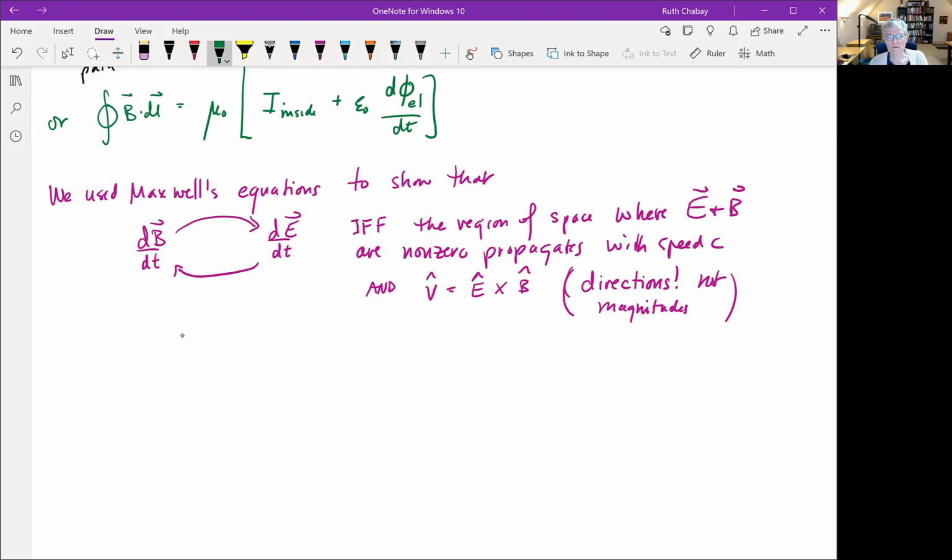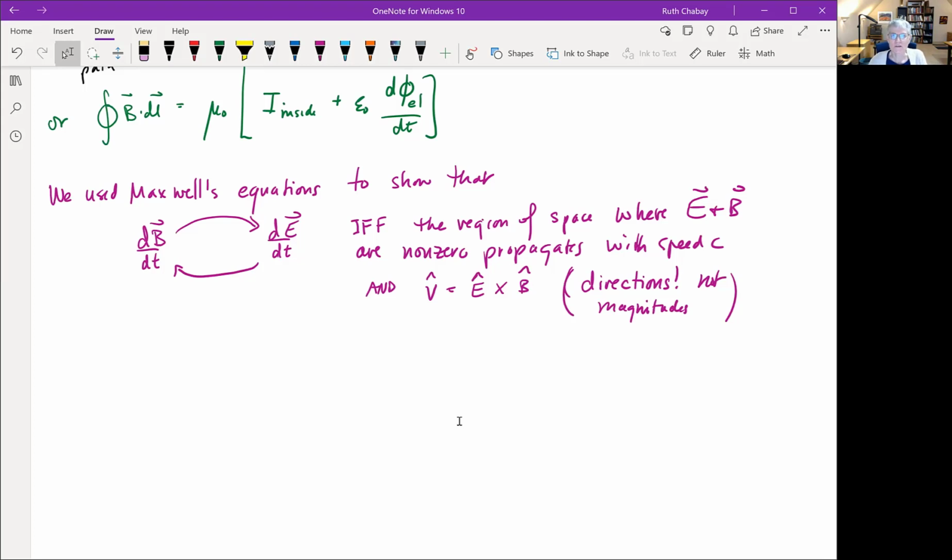Now, what we didn't figure out last time is how that got started. We see that once it's going, it can sustain itself, but the question of how this is produced is fairly mysterious.